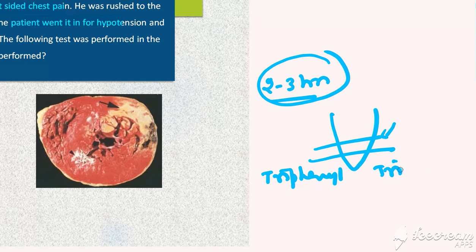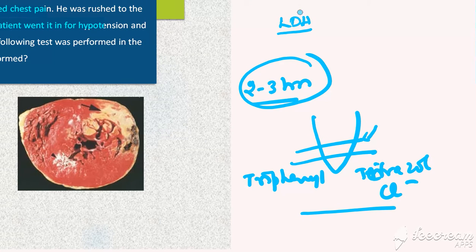Okay, triphenyl tetrazolium chloride. So what happens is your heart has an enzyme called LDH, lactate dehydrogenase. In a viable myocardium, you will have LDH. In a non-viable or necrosed or infarcted myocardium, what do you mean by infarction? The heart undergoes coagulative necrosis. So there will be rupture of the plasma membrane and release of LDH.